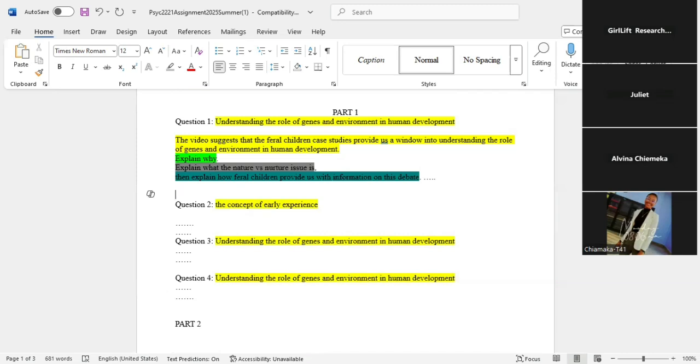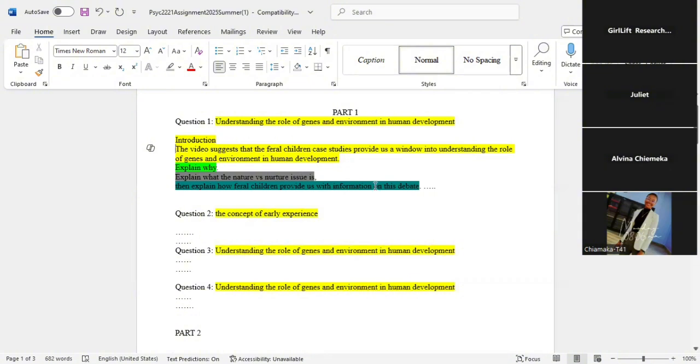You do the same for all of them first. When you do the same for all the 4 questions, you see that you have your outline. So this is how your outline should flow. If it were a report, usually you would do an introduction. It's most important to always have an introduction and conclusion, no matter what you do.